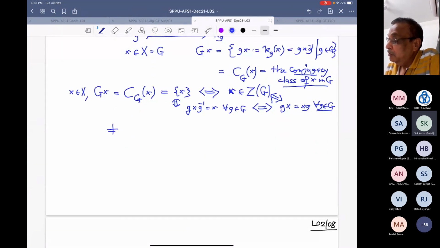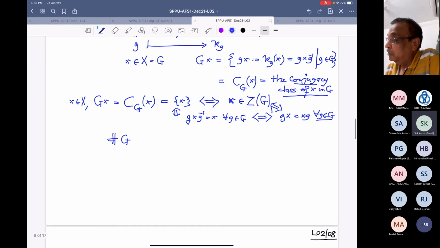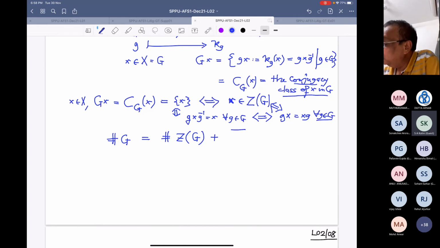The cardinality of G equals the cardinality of the center plus the cardinality of the conjugacy classes which are not singletons. This is the class equation.